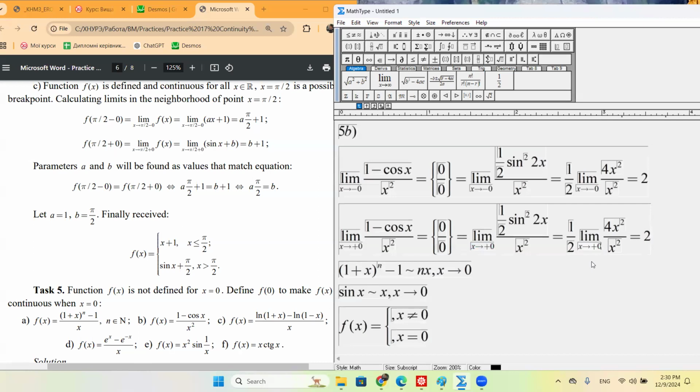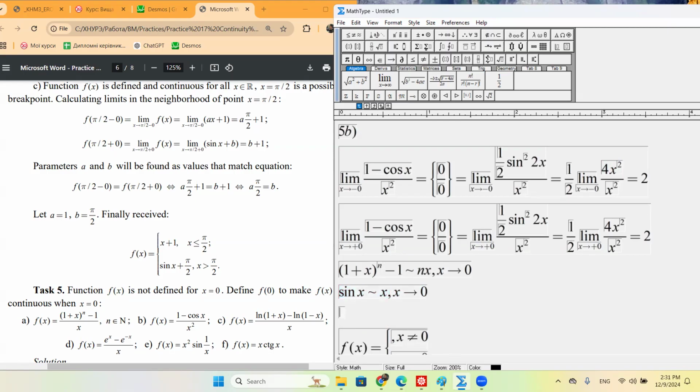Mykola, yeah, questions? Yeah, last part I don't get. This one? Yeah, this one. Yes, okay, so I use this equivalency. When x approaches 0, sine of x is equivalent to x.